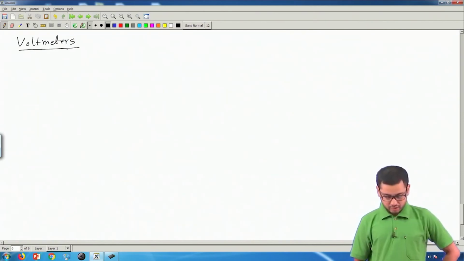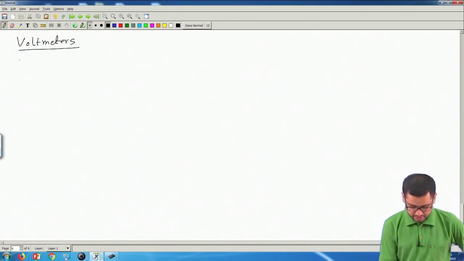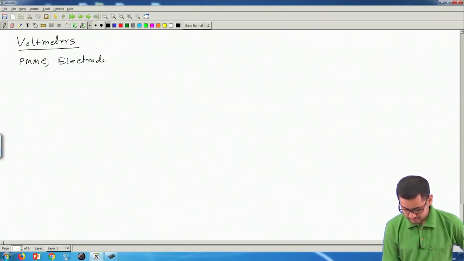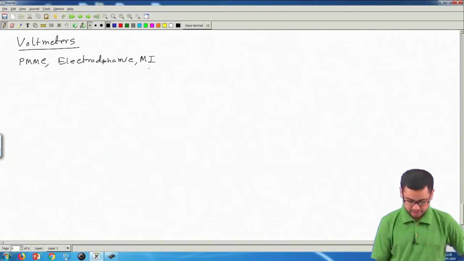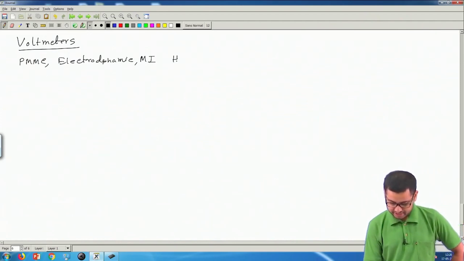Okay. Now, we have seen previously that PMMC, electrodynamic and MI, moving iron, they measure currents.